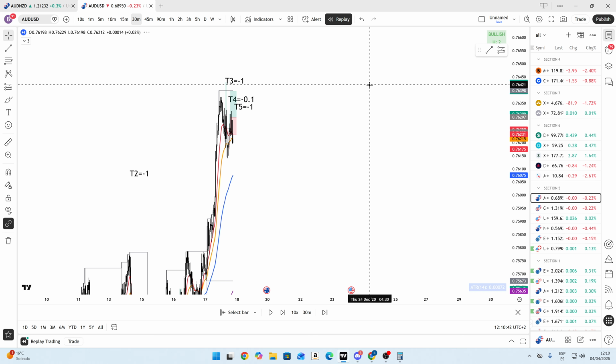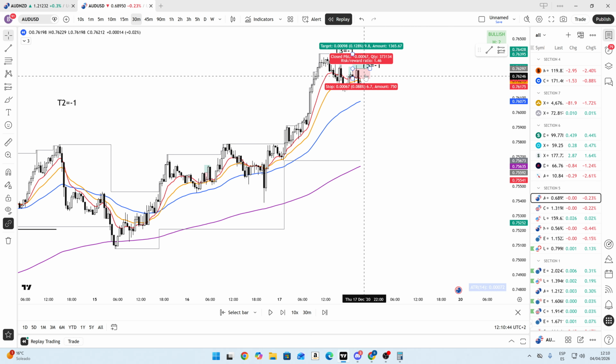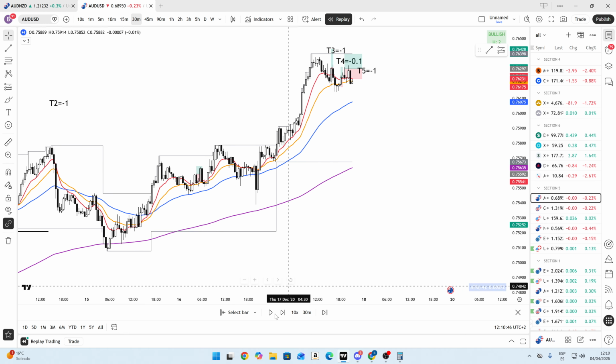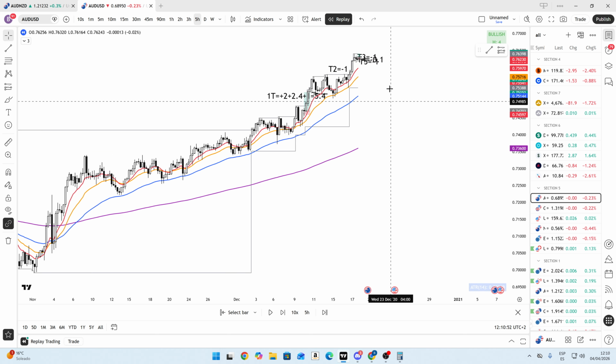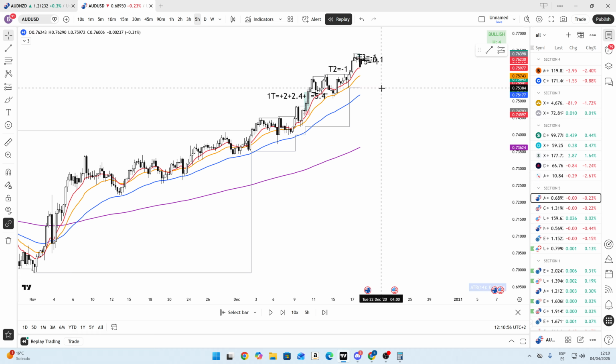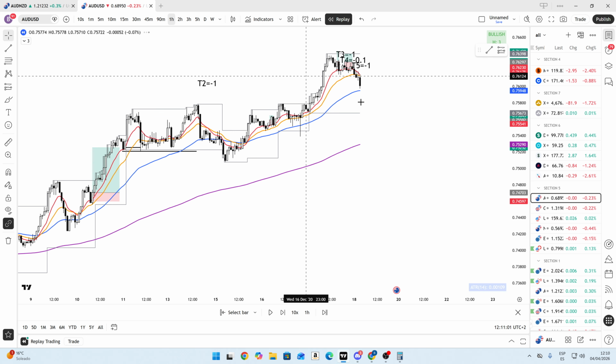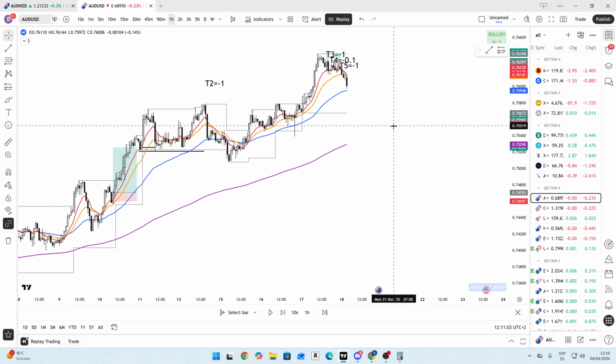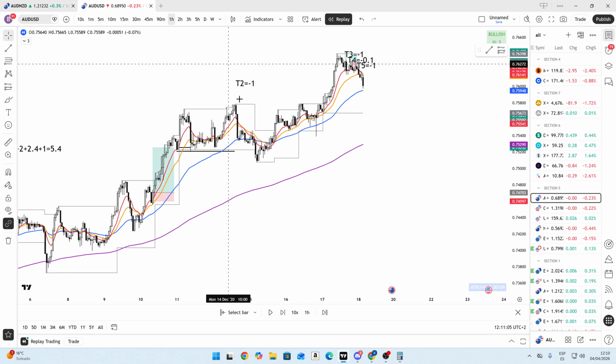We're gonna completely ignore this area, and we'll wait for the next opportunity on the 30-minute time frame. Looks like on the 5-hour we might be about to pull down. It looks like a lot of mess here, and it does pull back into the 10 or 20 on the 5-hour, which means that we can look for an entry on the 1-hour too, even though we're not fully there.